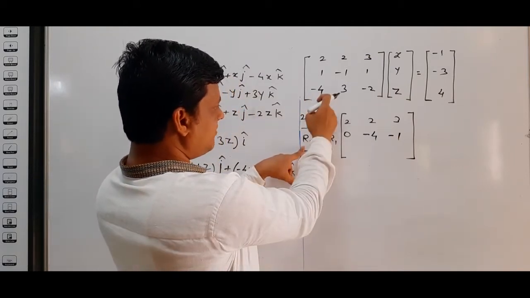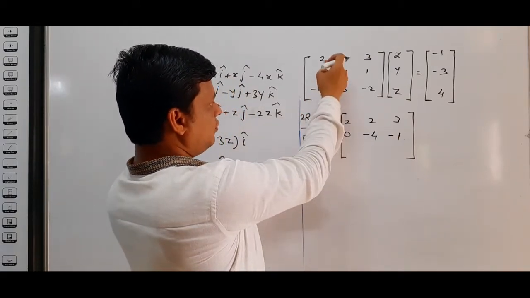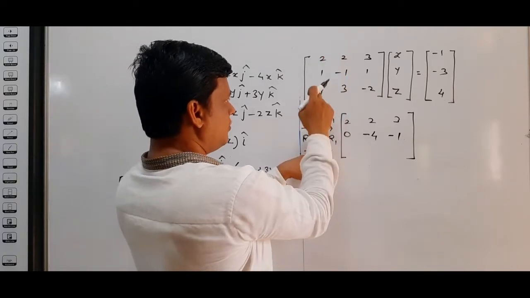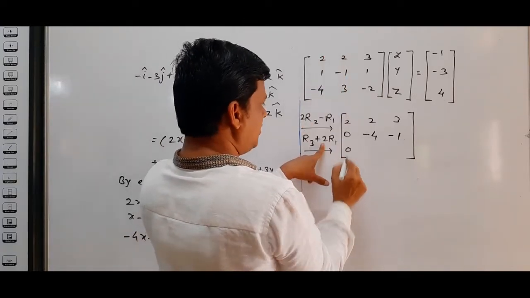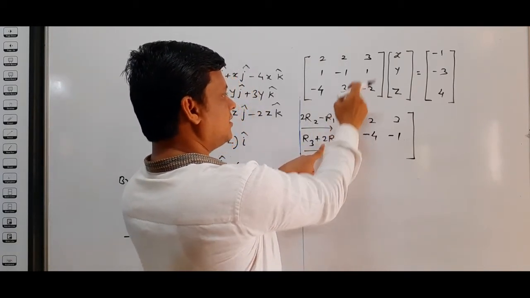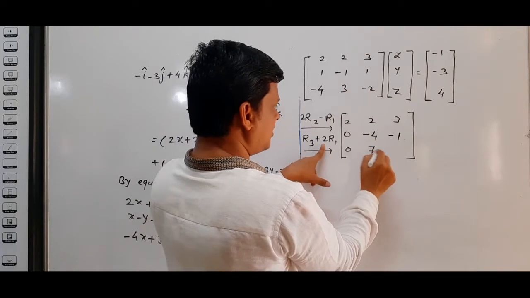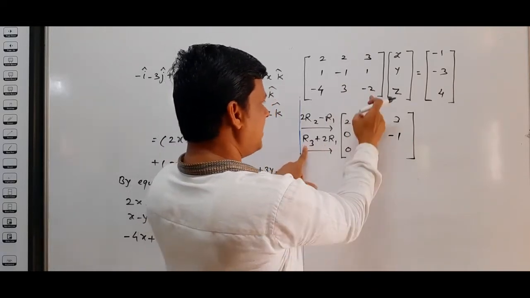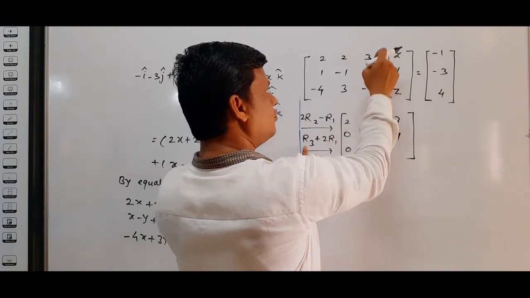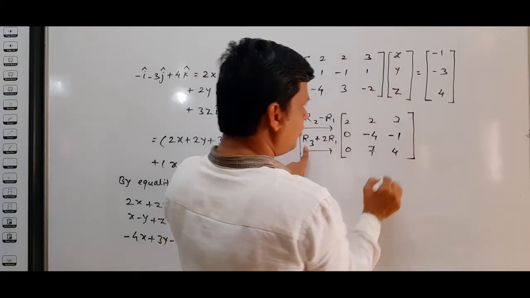Here R3 is -4, so first multiply the first row by 2: 2 into 2 is 4, so -4 plus 4 gives 0. R3 is 3, 3 plus 2 into 2 is 4, 3 plus 4 is 7. Then R3 is -2, 3 into 2 is 6, -2 plus 6 gives 4.